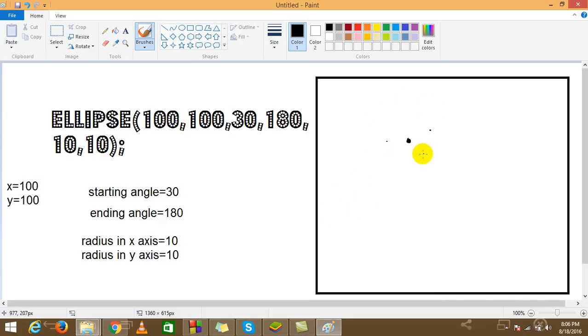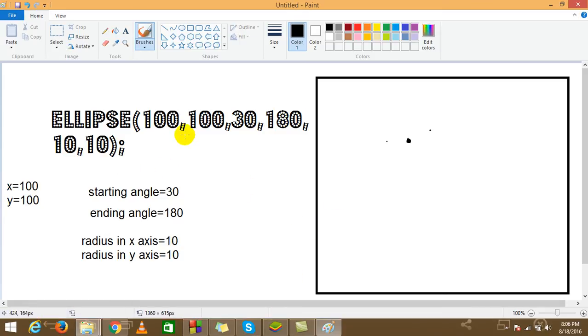If you want to make it exactly round, then we'll just give both axes 10 and 10. But sometimes you want to make it a little bit less in the x-axis and more in the y-axis, so it seems like some faces or smileys. In that condition we use an ellipse because it allows us to provide the radius in both x and y axis, as a circle won't allow us to do.